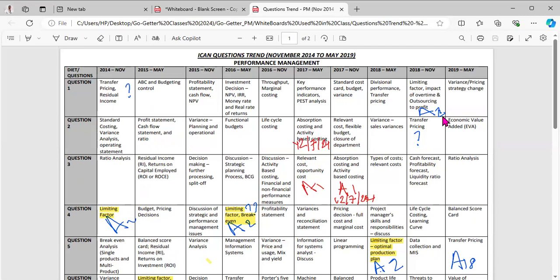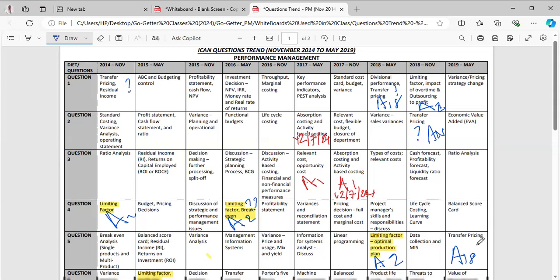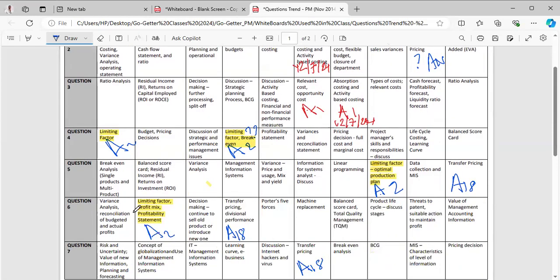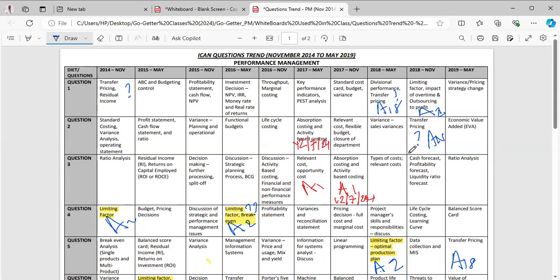This one is transfer price and divisional performance. Let's see what we have not looked at. We have also not looked at this, so this one and this have not been looked at. These are the two things remaining.